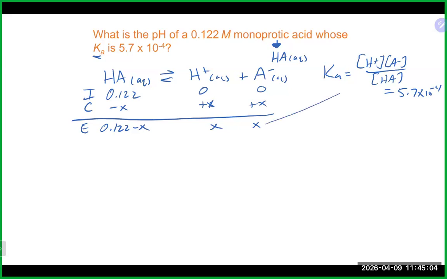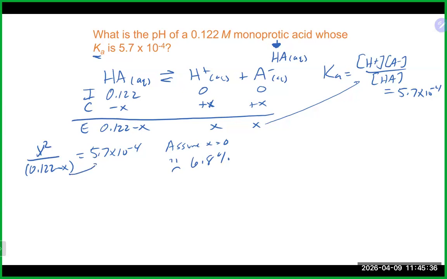We're going to throw that in there, and that's going to get us x squared divided by 0.122 minus x is equal to 5.7 times 10 to the minus 4. It's a small value of K, so you can assume x is equal to 0, but after our conversation we just had, you hopefully should know it is a bad assumption at about 6.8%. So we do need to go through and solve it with the quadratic.